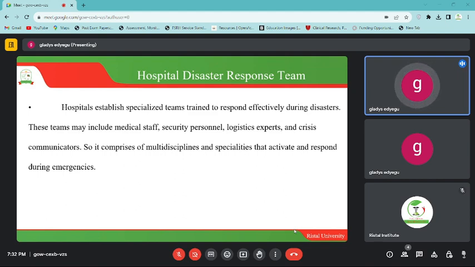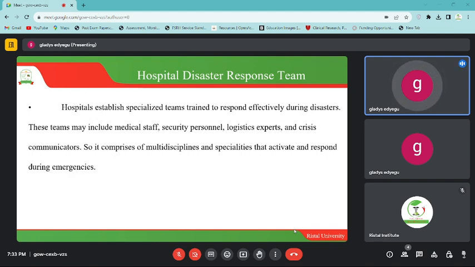These teams may include the medical staff who are trained to handle emergencies. Then security personnel, whom we also need as one of the response teams. Then logistics expertise, to help us address resources, and crisis communicators. When there is a crisis or disaster, we have to be able to communicate so that we can lobby support from various organizations or individuals.